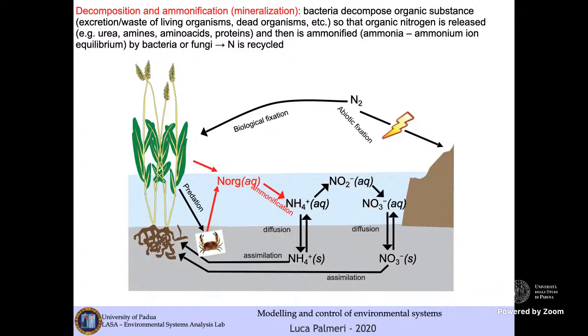So this transformation of organic substances by decomposition and ammonification. This is mineralization. So here you have mineralization when you transform organic forms of nitrogen, which you may find dissolved in the water column, through ammonification. So you convert organic nitrogen into inorganic forms like ammonia. And then from ammonia, you go to the other inorganic forms that are nitrite and nitrate.